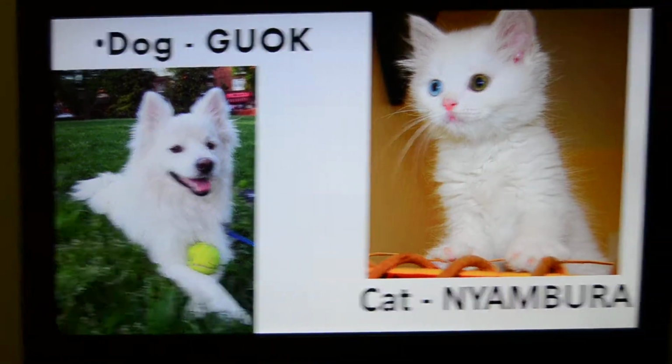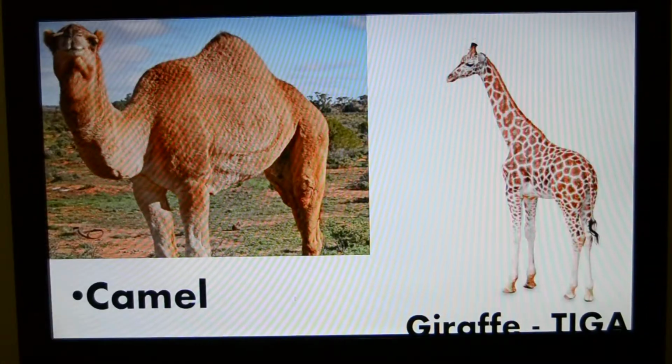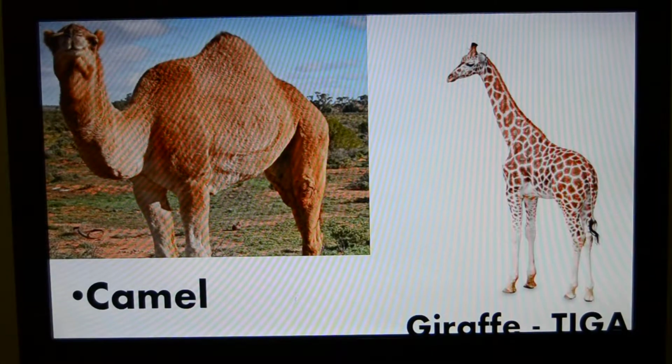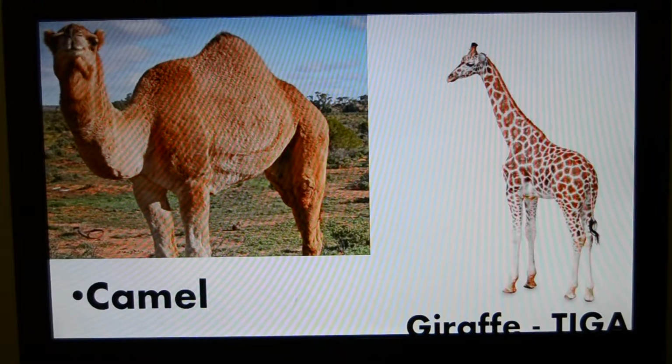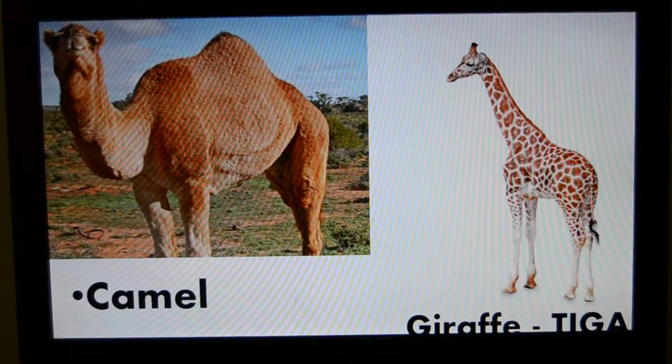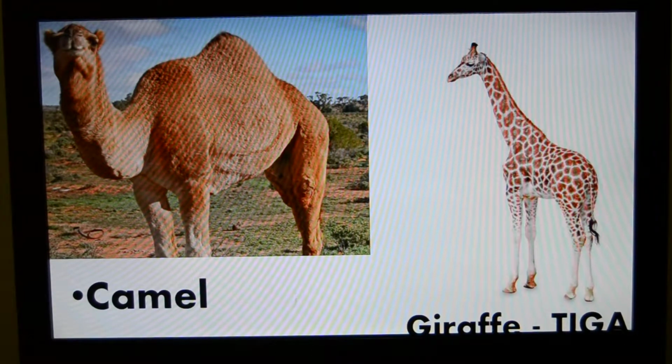Good, let's go. Next is camel. Oh, I did not write the camel. Camel is called oluoluo, but I'll have to check that out. Let me check. Camel is called aluoluo. Sorry, I did not write that.